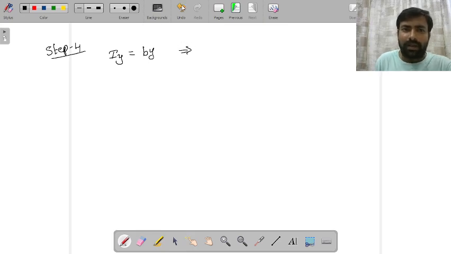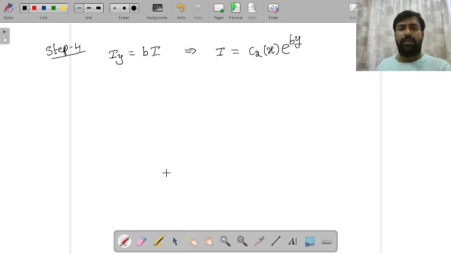Sorry, I think I wrote it wrong here. Iy equal to bI, right? So it is similar to ix equal to aI. So in a similar way, if you solve, you can see that I is nothing but some function of x, right? Let me assume that is c2 of x into e power by. Okay.